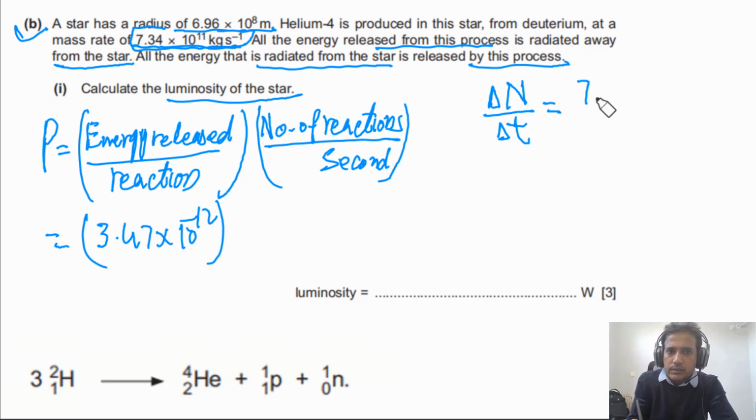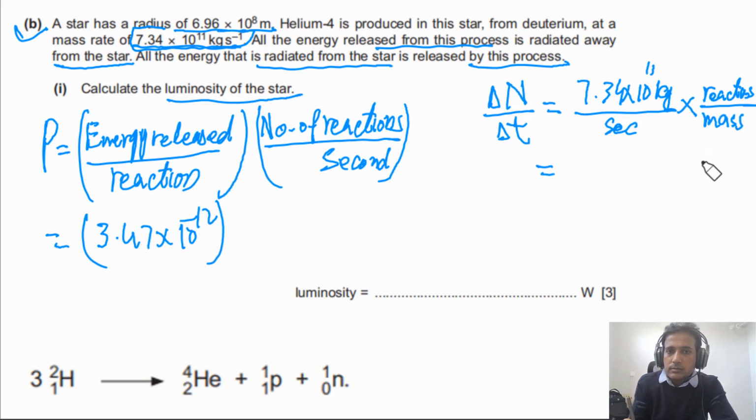So simply we can say this is 7.34 times 10 to 11 kg per second. And we have mass per reaction. So if we divide this by mass per reaction, we will get reactions. This is mass per reaction, so I have written reactions over mass for your better understanding.